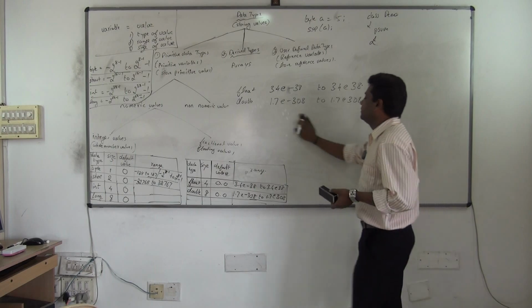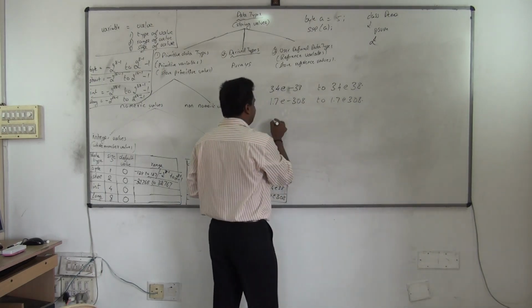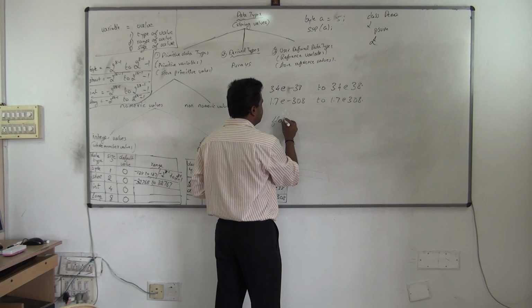See, this is the range. Now first of all you have to understand floating values can be of two types.